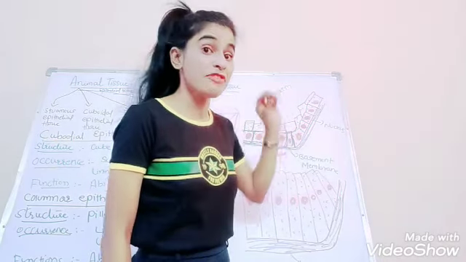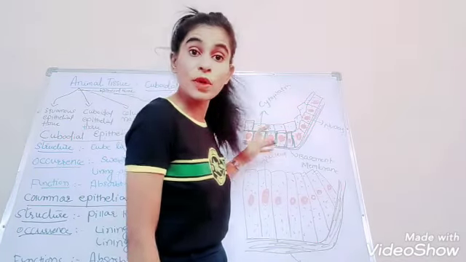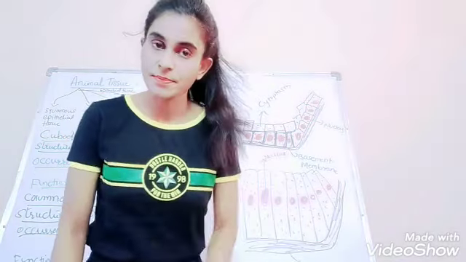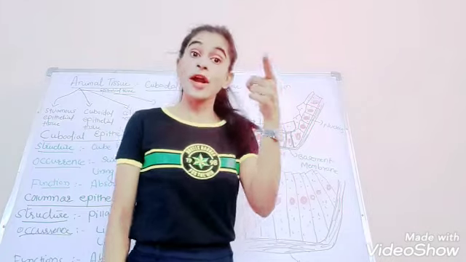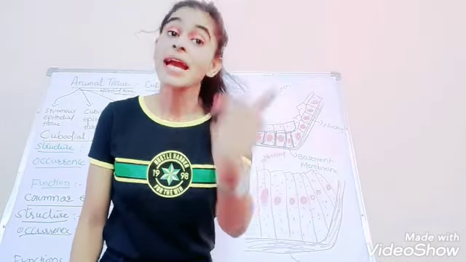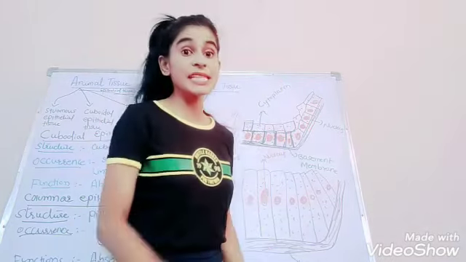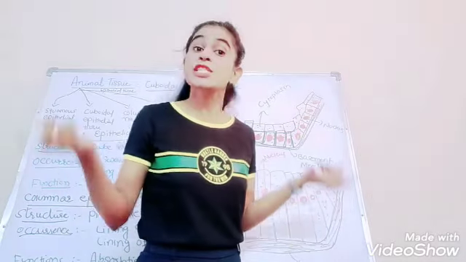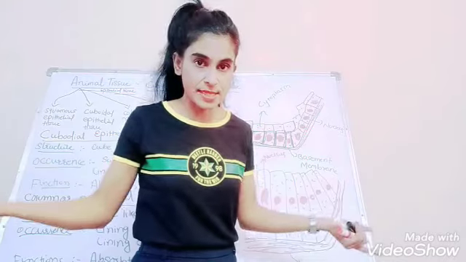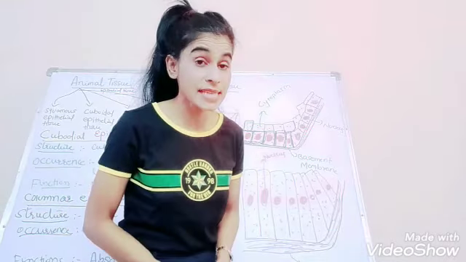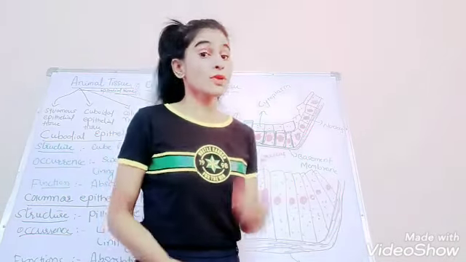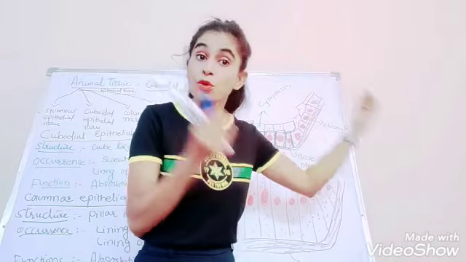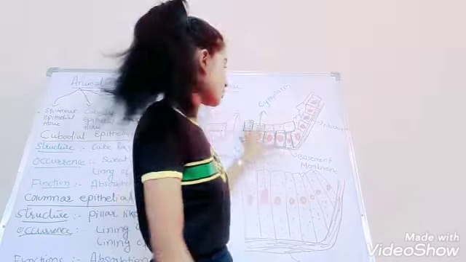They have a well-defined nucleus with cytoplasm. Yes guys, in cuboidal epithelial tissue, as the word itself suggests, the cells are cube-shaped, tall and wide, with a well-defined nucleus and cytoplasm.